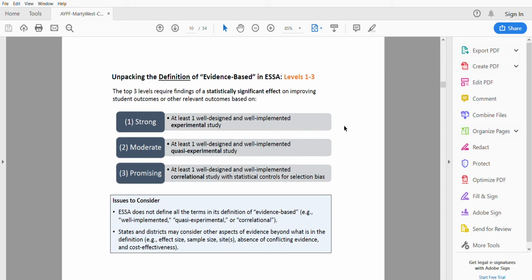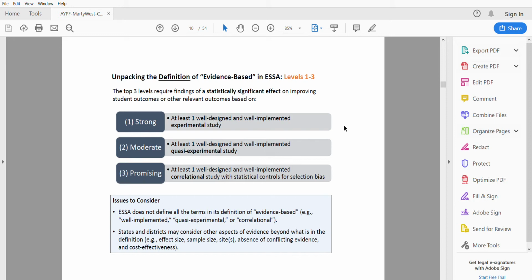The 3rd tier, a promising tier, is for programs or interventions which do not have experimental or quasi-experimental studies supporting them. However, they do have at least one well-designed and well-implemented correlational study. So a study which looks at differences between people who were and were not exposed to a particular program, but that also includes statistical controls for selection bias.